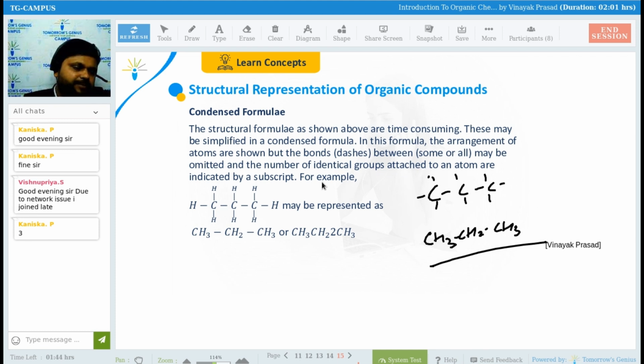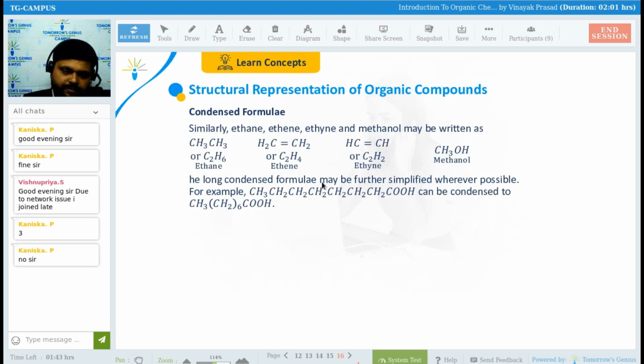This is the condensed formula. Is it okay? So what is the meaning of this condensed formula? Got it? Any problem? Any doubt till here? No? Okay, fine. Now, see here.